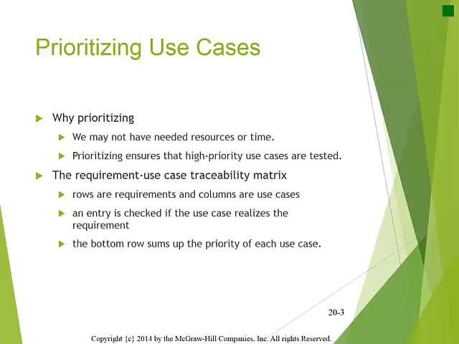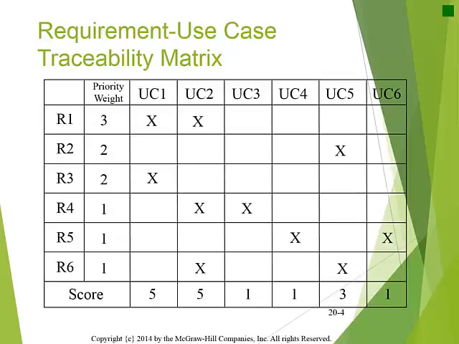If a use case is related to a requirement, the cell at the intersection of the requirement and the use case in the matrix is checked. The bottom row sums up the priority of each use case.